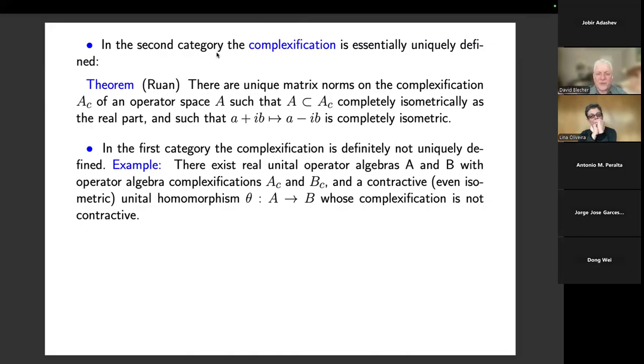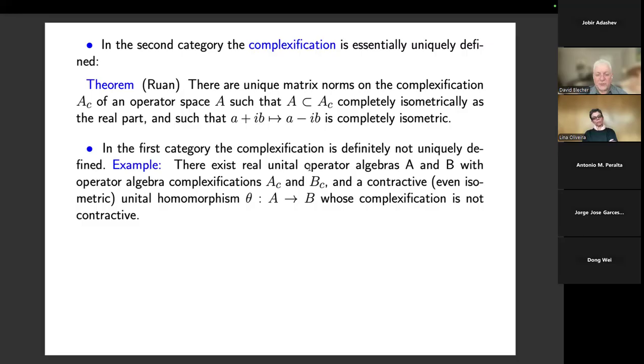So I promised earlier that I would talk about the complexification. The complexification is essentially uniquely defined in the second category, but not in the first category. In the second category of operator spaces, Ruan proved that there are unique matrix norms on the complexification, and that is very important for us. Whereas in the first category, the complexification is not defined uniquely.